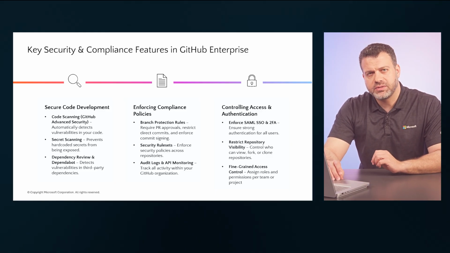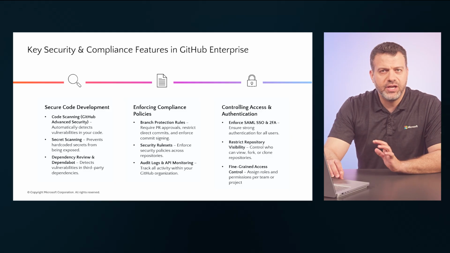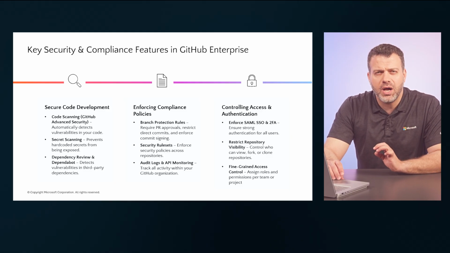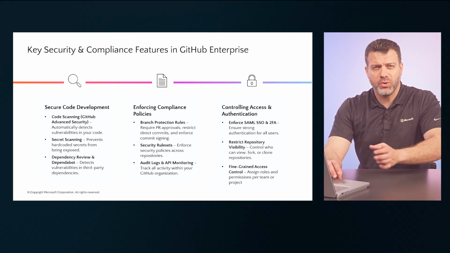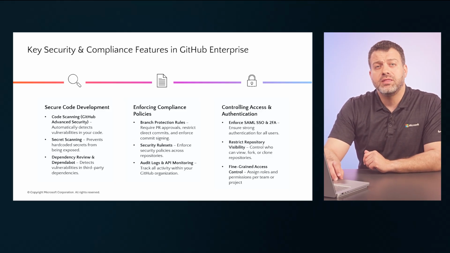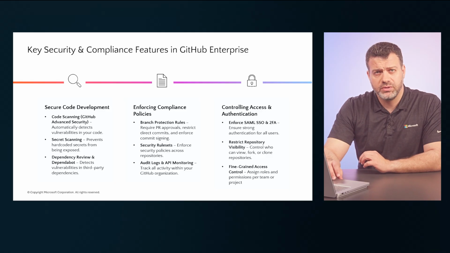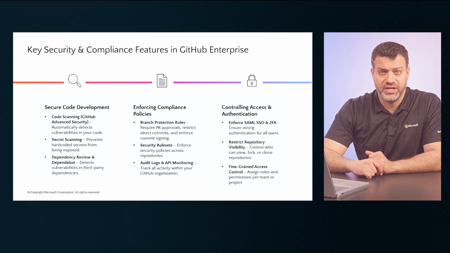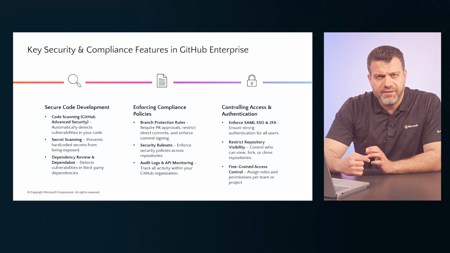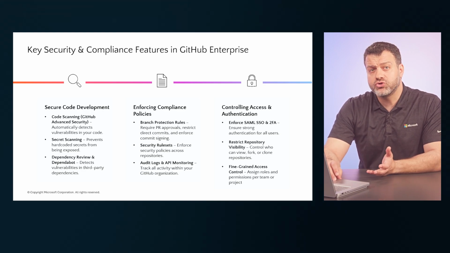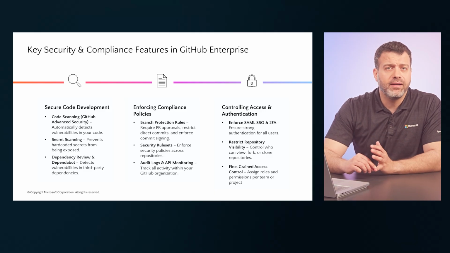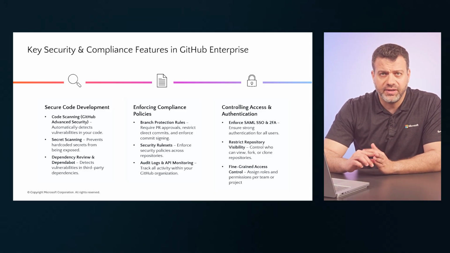Second, protect secrets. Secret scanning can detect any exposed API keys and even block commits in real time. This means mistakes get caught before they become incidents. And third are enforced workflows, such as branch protections and rule sets. They ensure that every change goes through reviews, checks, and approvals. We also have controlled access, such as RBAC, SSO, and two-factor authentication.